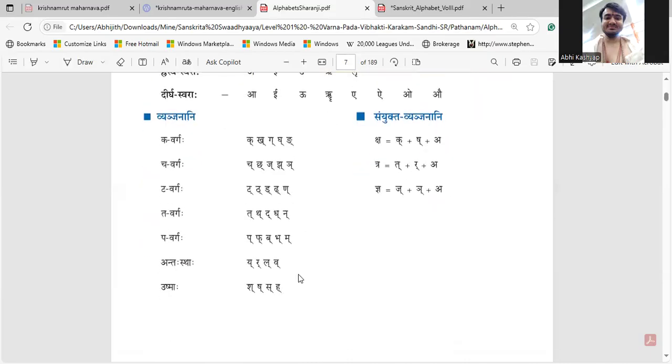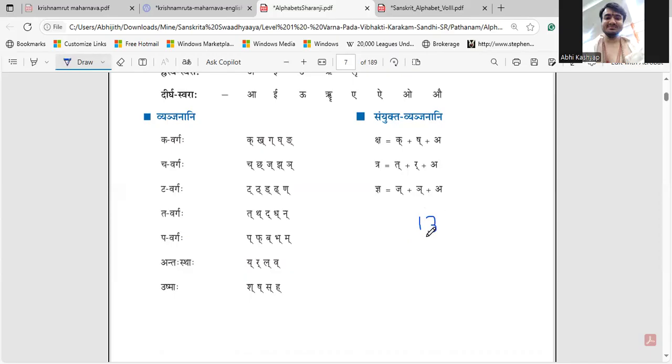So, how many letters do we have in the Varnamala? We have 13 swaras. We have 25 vargiya vyanjanas. And then we have 8 avargiya vyanjanas.